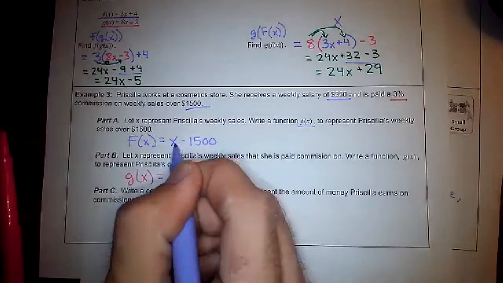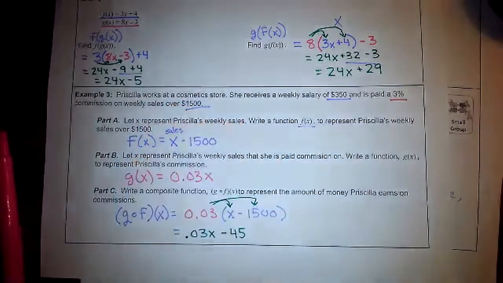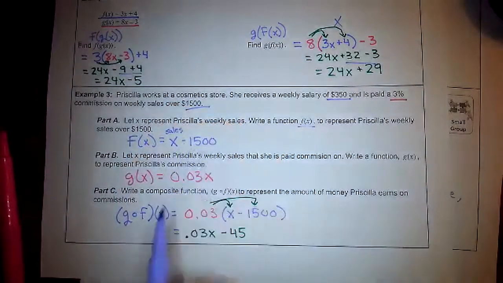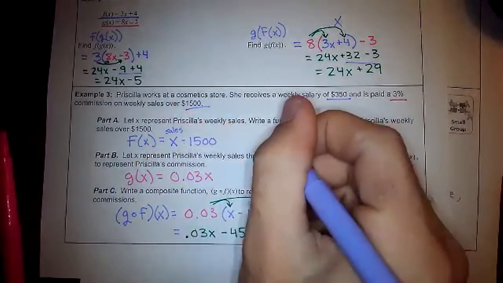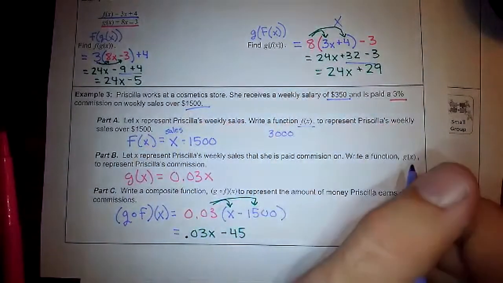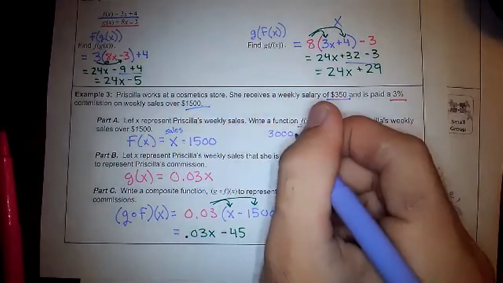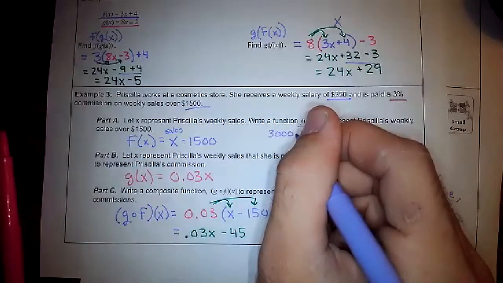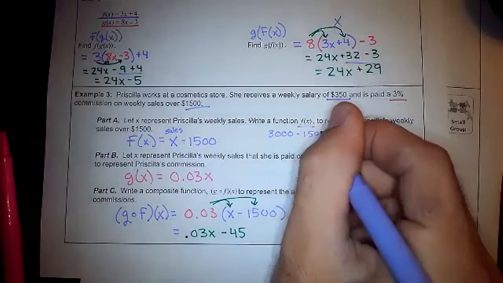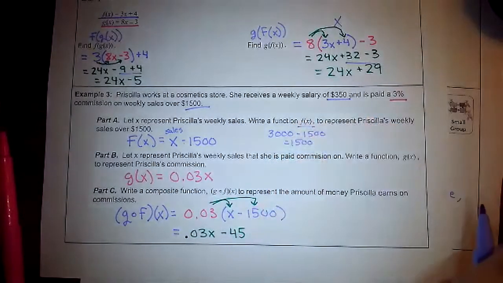So that's why we're going to take whatever our sales are, which is what x is, and we're going to subtract 1,500. If the store in a week sold $3,000, which probably isn't that much, and we wanted to see how far over 1,500 that is, we just subtract it, right? So they're $1,500 over.